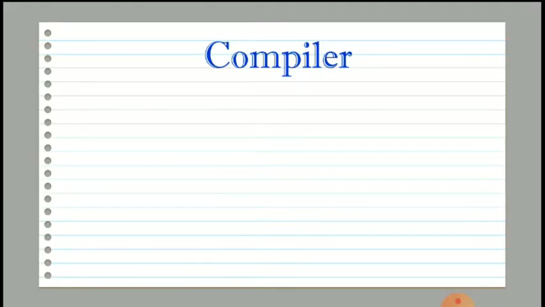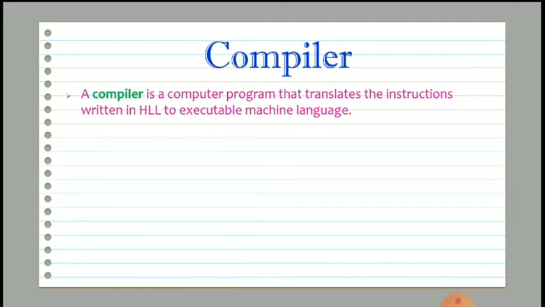Now we will study second type, that is compiler. A compiler is a computer program that translates the instructions written in high-level language to executable machine language. So as you know, computer can only understand machine language.